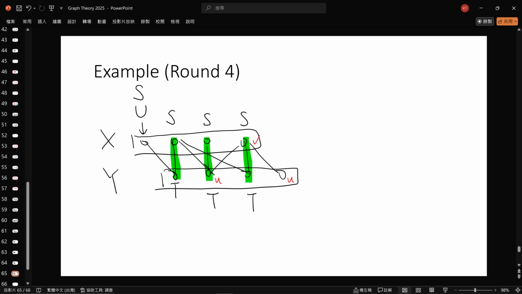The first candidate U, we have actually considered before, so we can just ignore it, because it is already in the set T. For the other candidate U, we have to check whether it is saturated or not. In this case, it is not saturated. So this means we have found an M augmenting path.